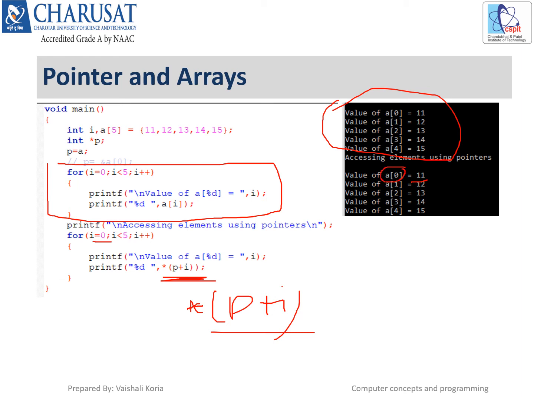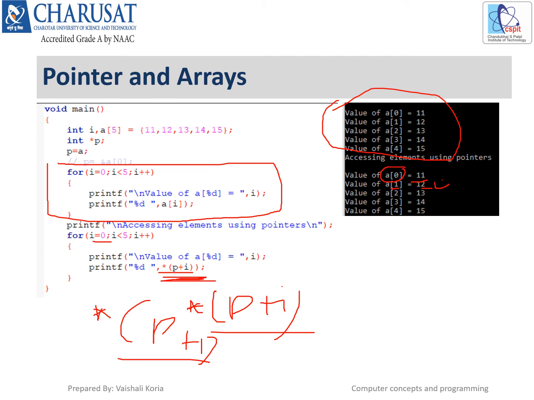When i is equal to 1, then this expression is *(p + 1). That means you want the value of a[1] because p is pointing to array a. So the value of a[1] would be 12. This output would be printed. So this is how you can print the array elements also.